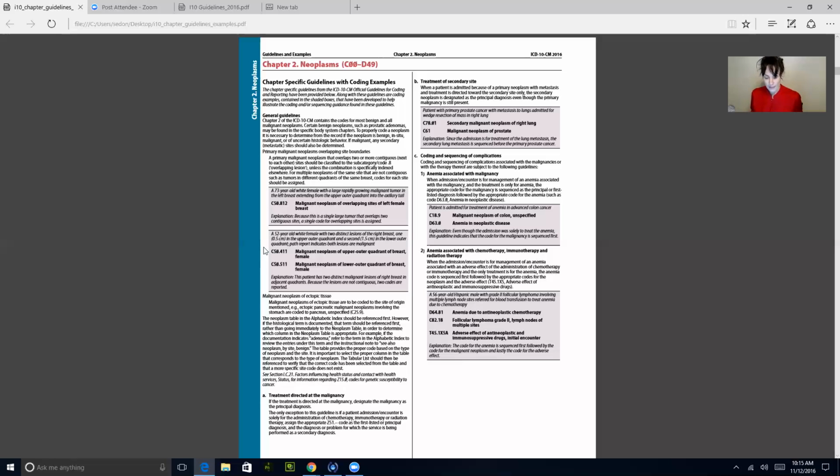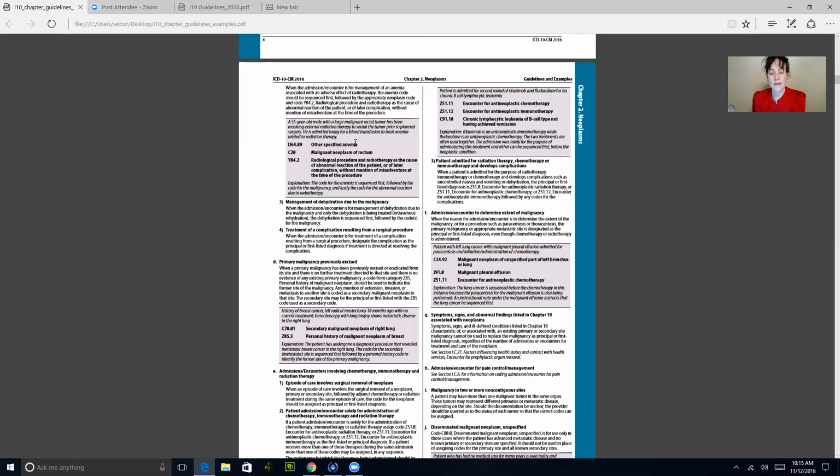So if you look at these three codes, and if you want to go and actually look these codes up, I would recommend that you look these codes up just so you can see how they're looking in the book. So just go to these codes after the meeting and look at the notes below them, see where they are, and definitely highlight these three areas.